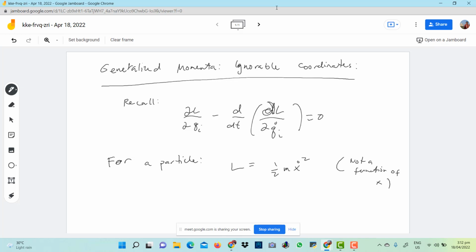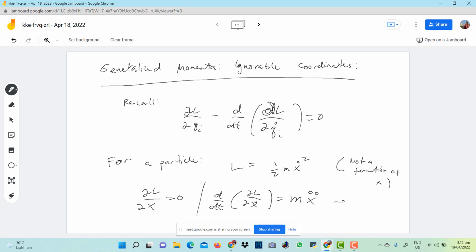So in this case, the partial L with respect to x is 0, right? The partial L with respect to x is 0, and the d dt of partial L with respect to x dot is equal to m x double dot. Sakto? Okay?